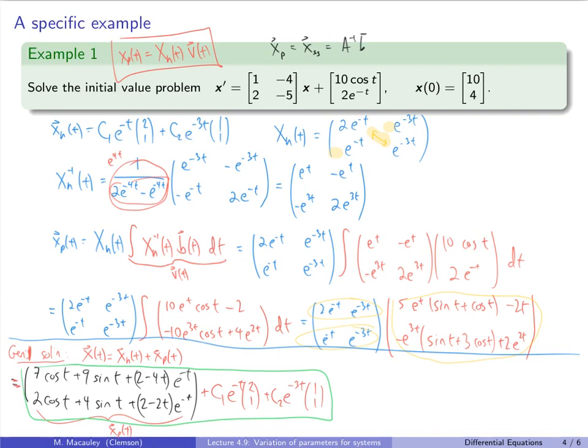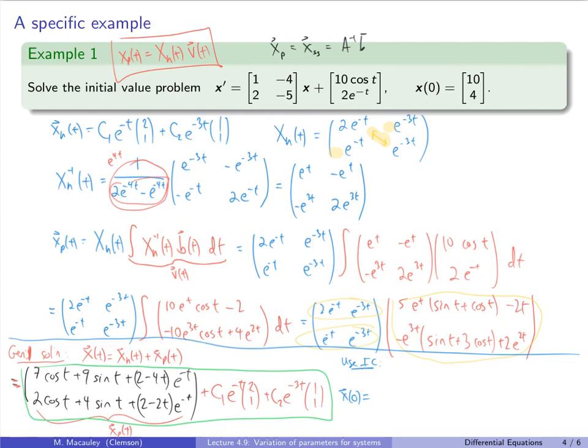So if you use that initial condition, what color should I use? So I'll try to squeeze this in here. We'll use the initial condition. So let's see, x of 0. I'm not going to rewrite the whole thing, I'll just tell you what c1 and c2 are.